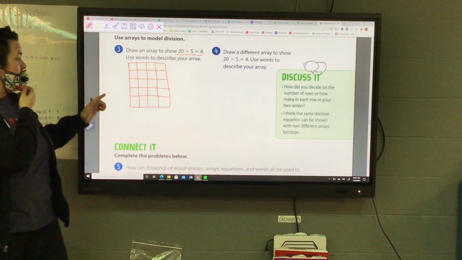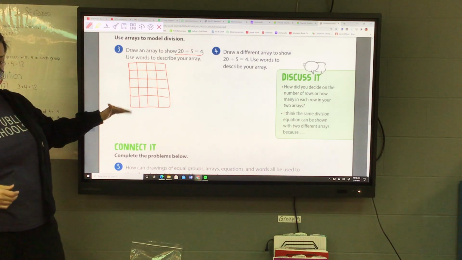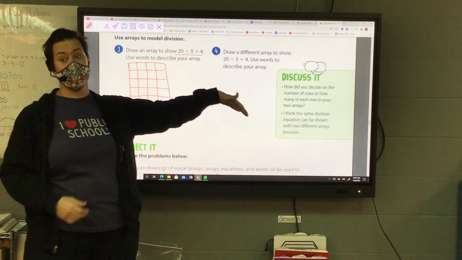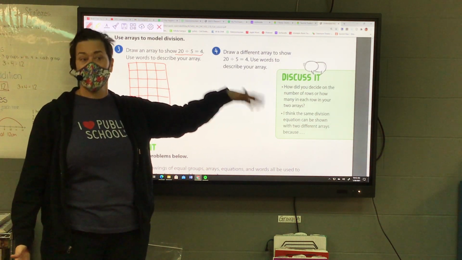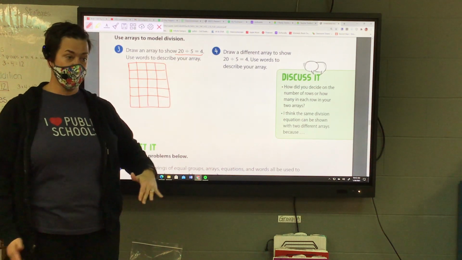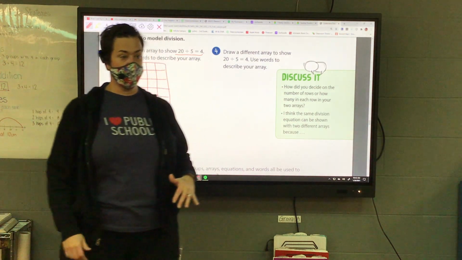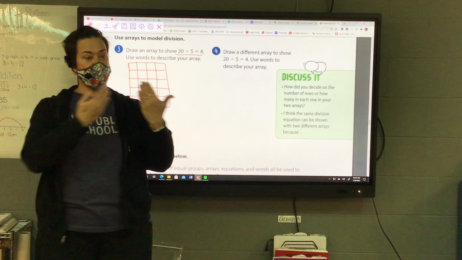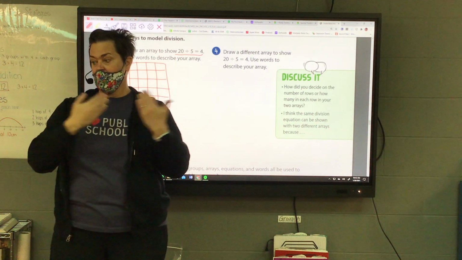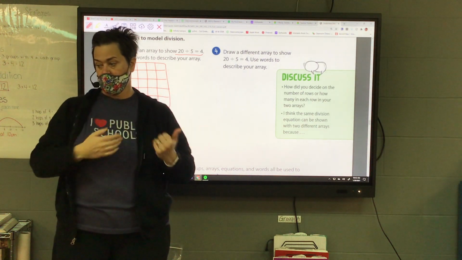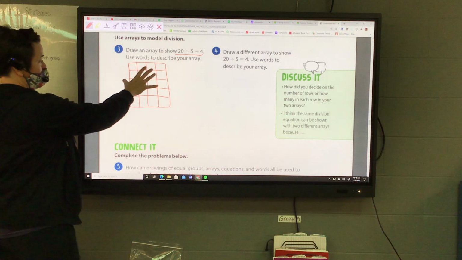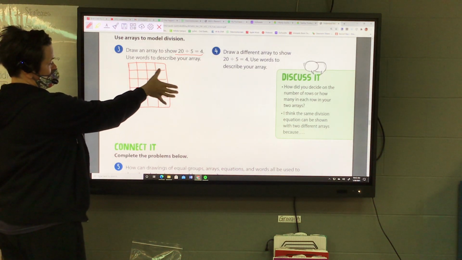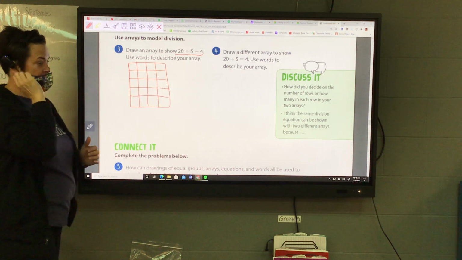But what if you did 4 rows with 5 in each row? What are you going to do over here? 5 rows with 4 in each row. So you're just flip-flopping that 5 and the 4.